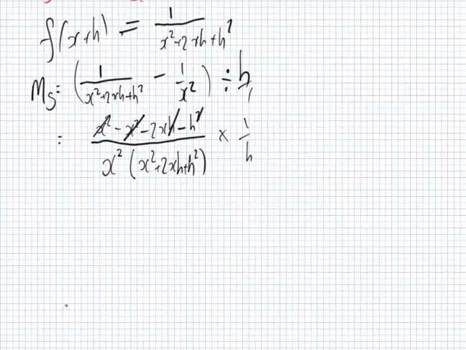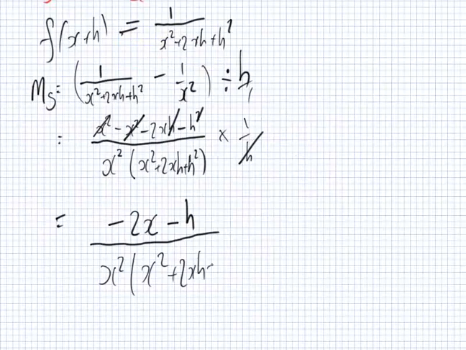Okay, so let's see what we have now. That's gone. So on the top I'm left with minus 2x minus h all over x squared times x squared plus 2xh plus h squared. And that's the secant.